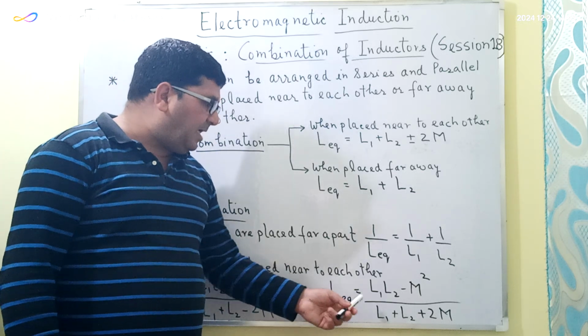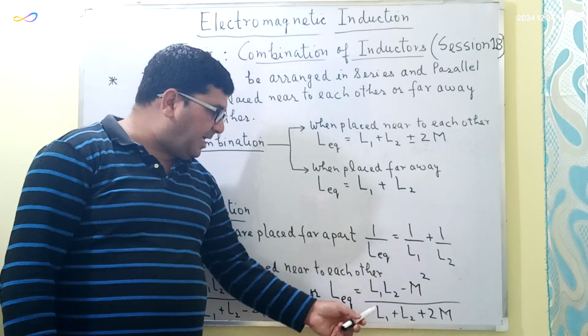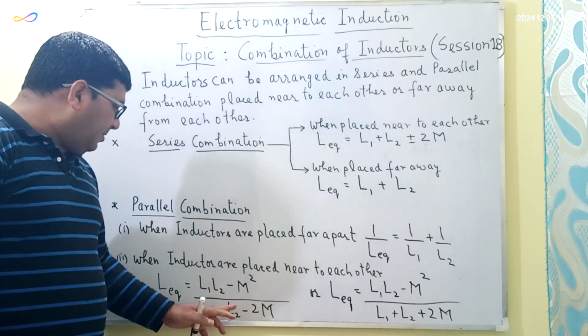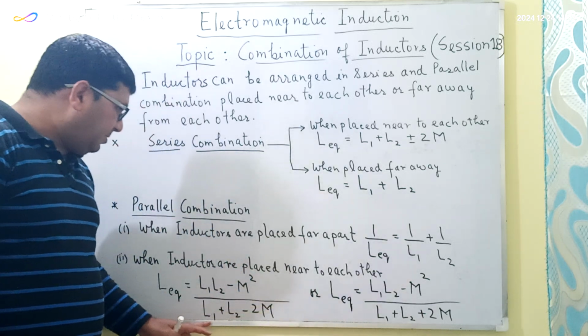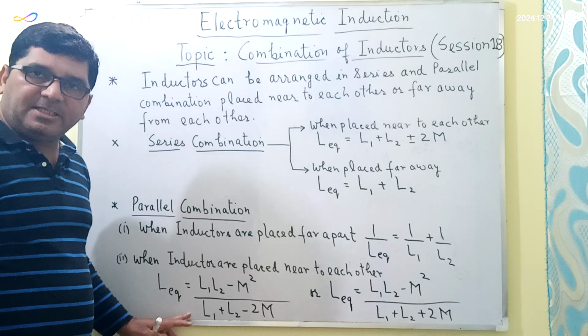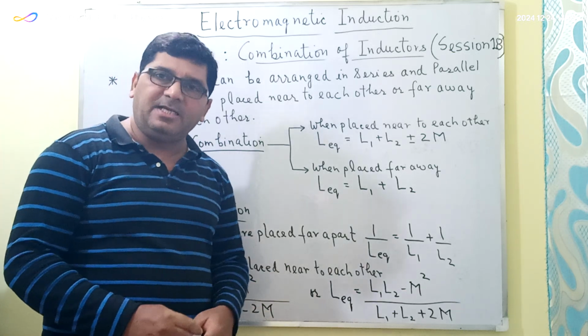When the magnetic fields are opposing each other, the equivalent inductance will be less than in the aiding case.